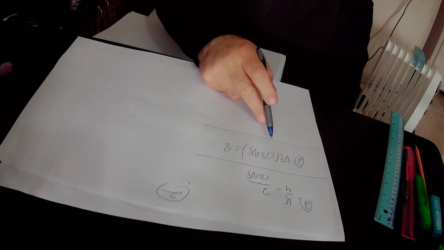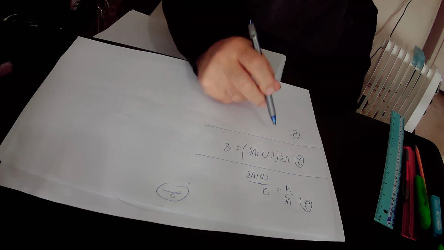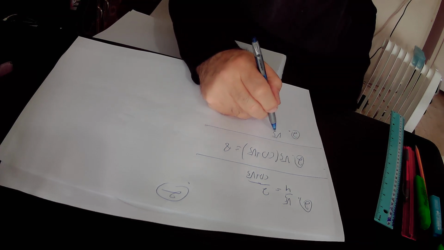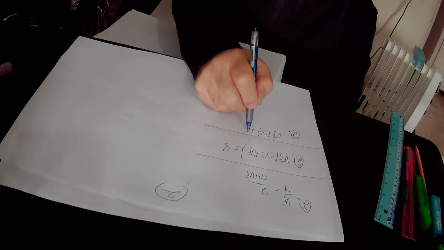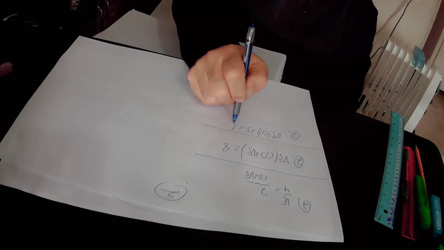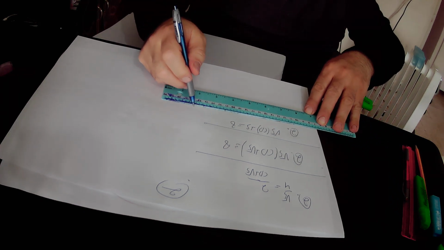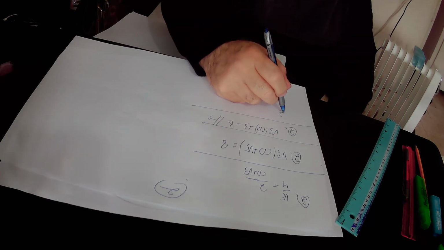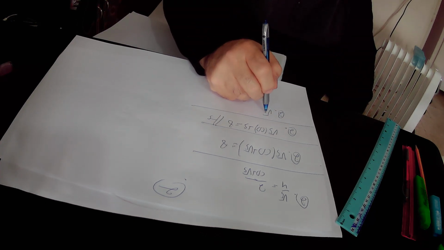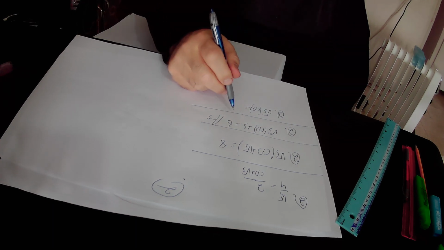Here we open the brackets, and we get square root of 5 times CD plus square root of 5 times square root of 5, which is 5, equals 8. So here we subtract 5, and we get that square root of 5 times CD equals 8 minus 5 is 3.